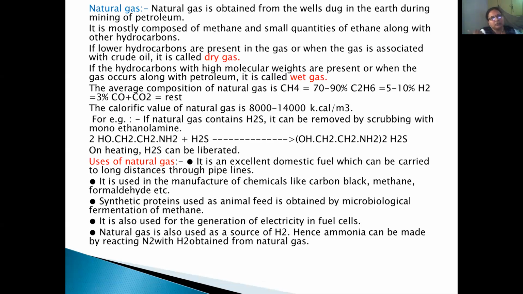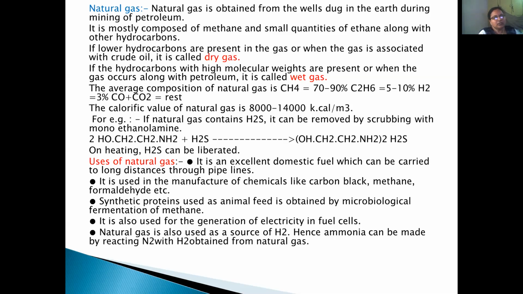If lower hydrocarbons are present in the gas, it is called dry gas or lean gas. If higher hydrocarbons are present, it is called wet gas or rich gas. Methane is present at around 70 to 90%. The calorific value of natural gas is around 8,000 to 14,000 kilocalories per meter cube.